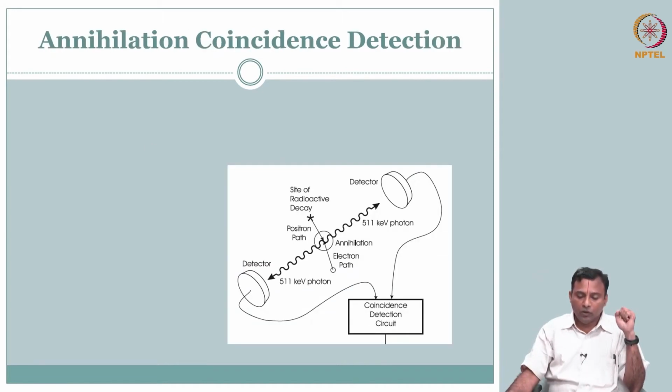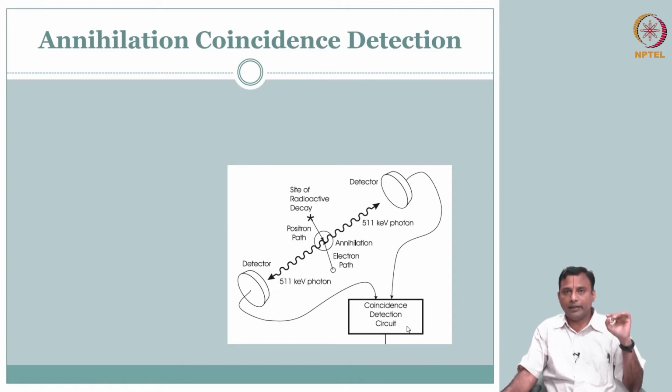Okay. So, apart from the detector and stuff, the important key feature here is that the positron itself gives rise to these two photons. From the radioactive decay, the positron comes out, but then it annihilates with an electron and you get two photons of 511 kilo electron volts.